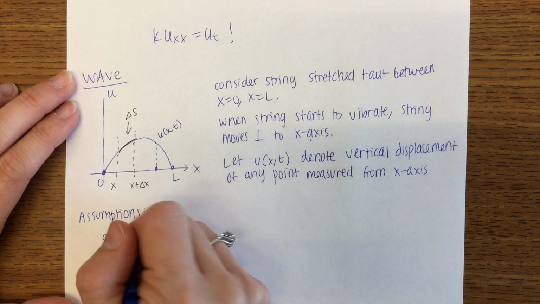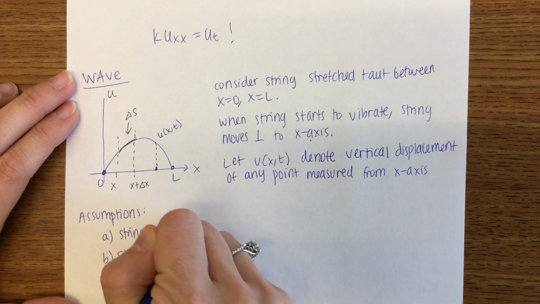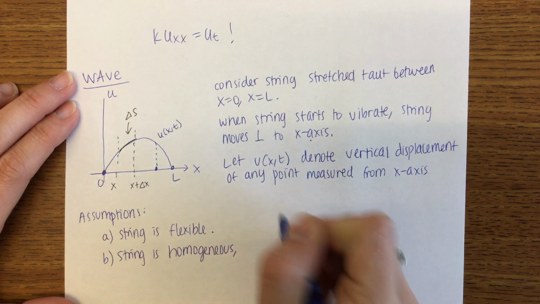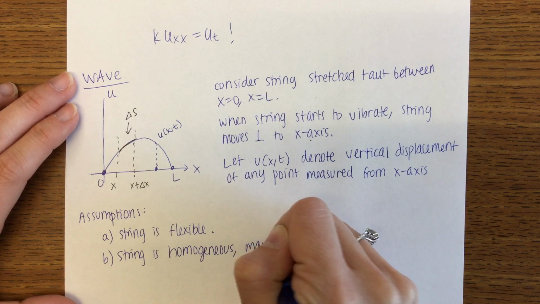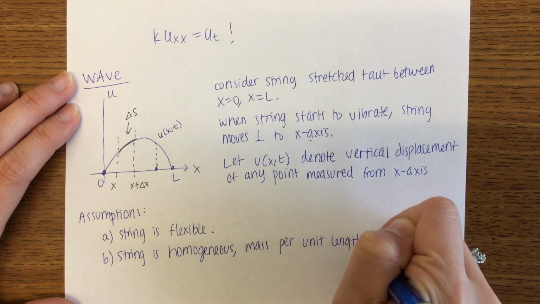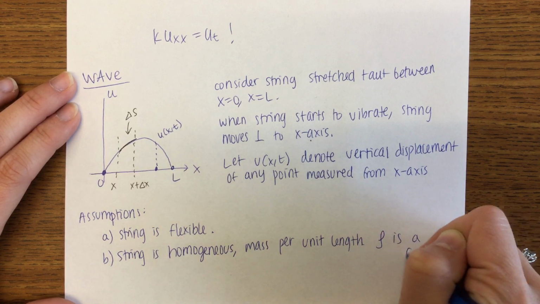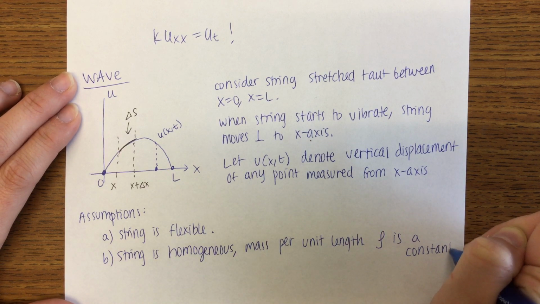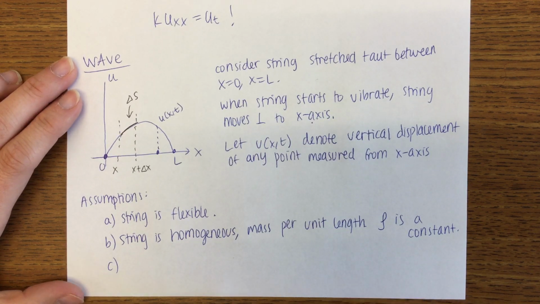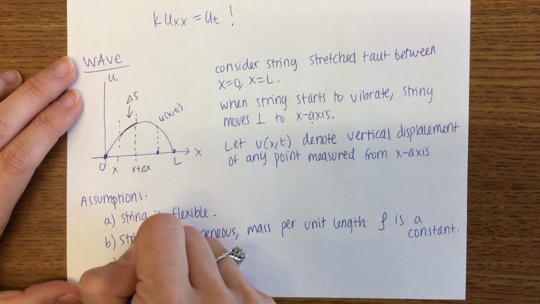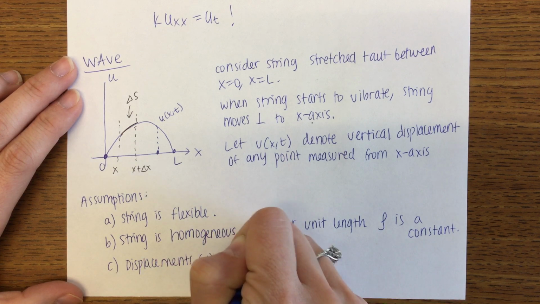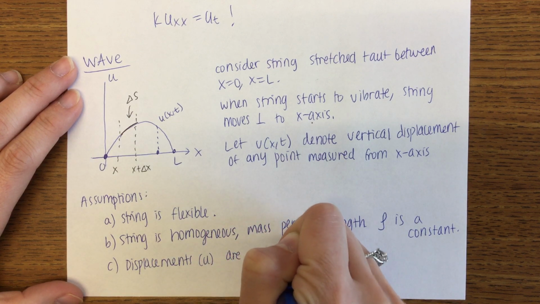Second assumption is that the string is homogeneous, same definition as for heat, that the mass per unit length, again using rho, is a constant. We are going to assume that the displacements, which we are calling u, are small in comparison to the length of the string.